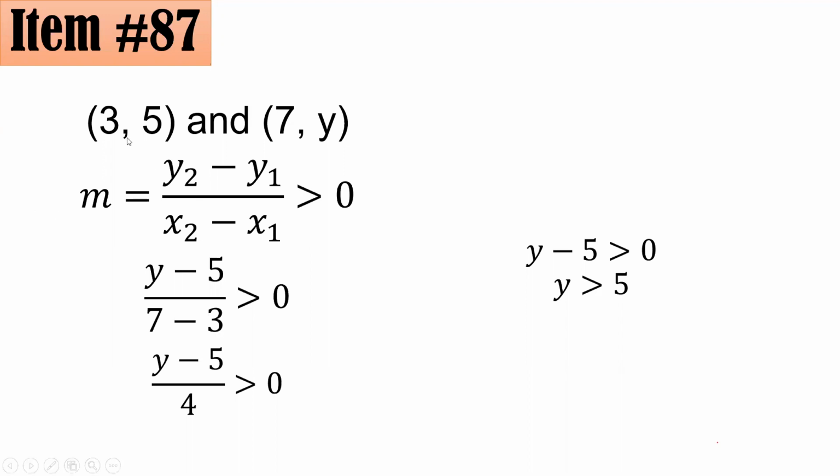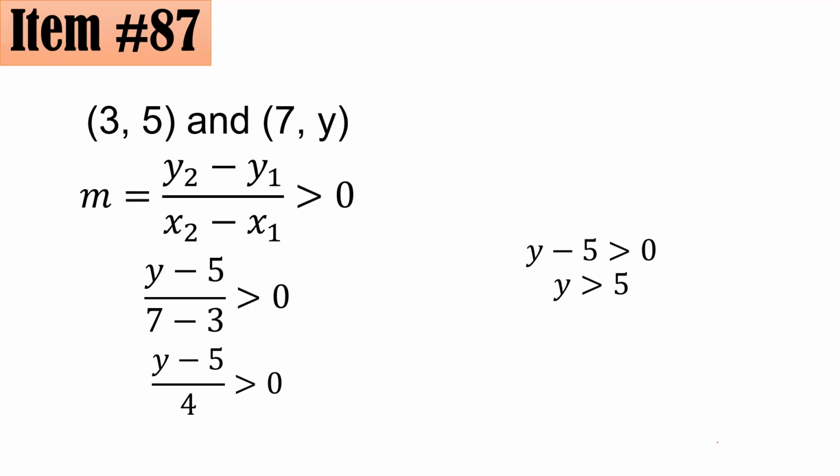So by substitution po, that would be y minus 5 all over 7 minus 3. That's why I have y minus 5 all over 7 minus 3 is greater than 0. The denominator simplifies to 4, no?